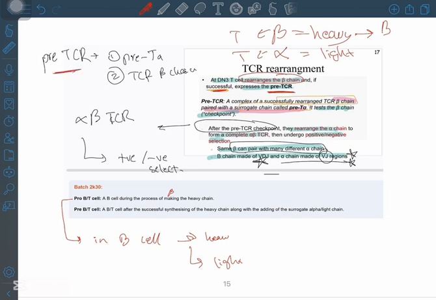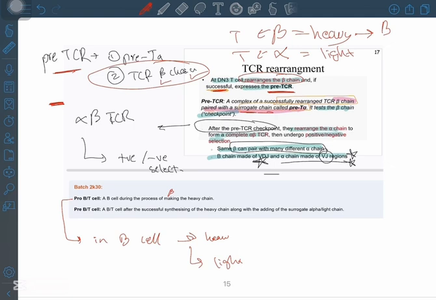Okay, now I have the pre-TCR. What does it have? It has a successfully rearranged beta chain, and it has something called pre-Tα. Pre-Tα is basically a surrogate chain that we just discussed. What is its benefit? It checks whether the successfully rearranged beta chain is well or not. So at that point, we have a checkpoint here. It makes sure that this one has been successfully rearranged and all is well: no errors, no mutation, none of that.